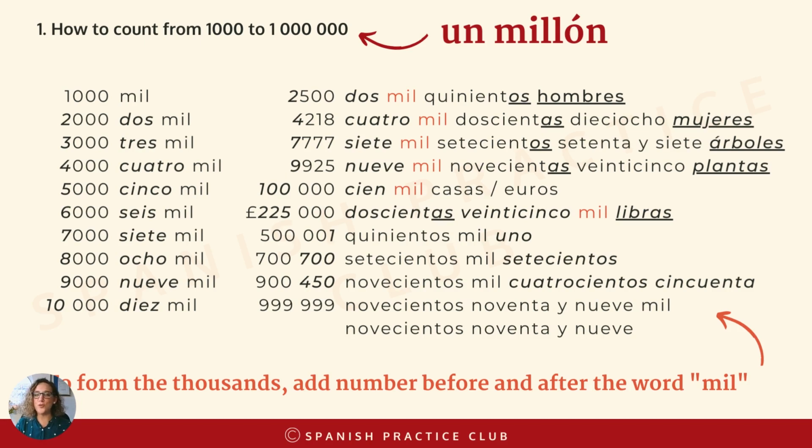Again, we just follow the pattern of adding the number that is before the thousands, 225. Because libra in Spanish is feminine, we just need to change the doscientos to doscientas. 225,000 libras. I've added a few more examples so you can see how these numbers follow the pattern.